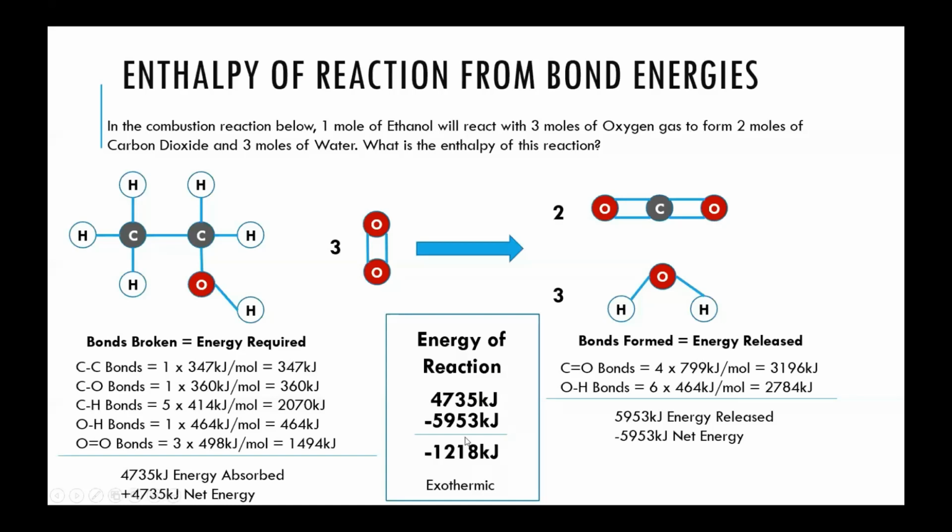This amount of energy right here, this negative 1218, it is leaving this reaction, so it's negative, but it would be gained by the surroundings. It would be gained by your hands if they were closer. So the temperature is increasing of the surroundings.